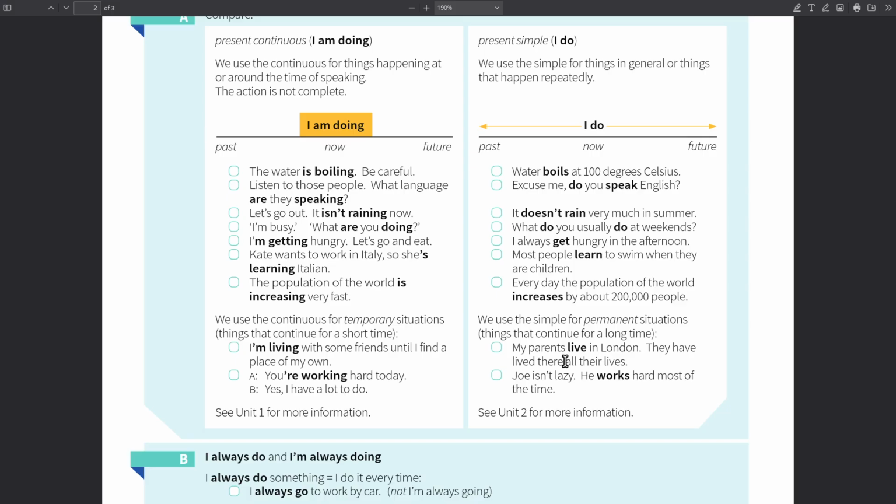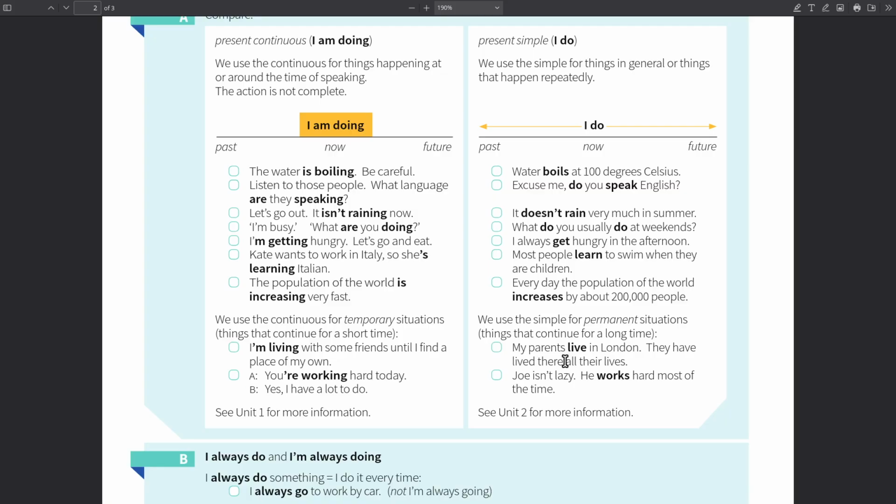For example, I could say I am an engineer, or I am a professor. It's my profession, okay? It's a permanent situation that I have.